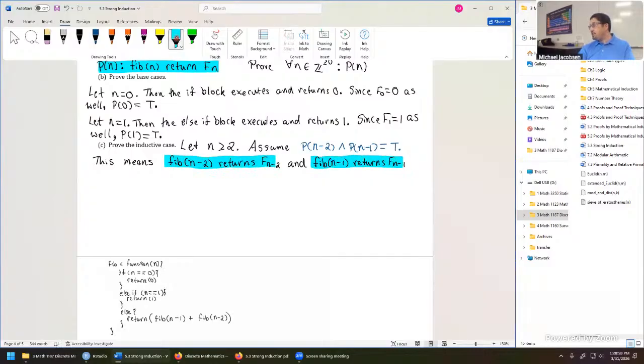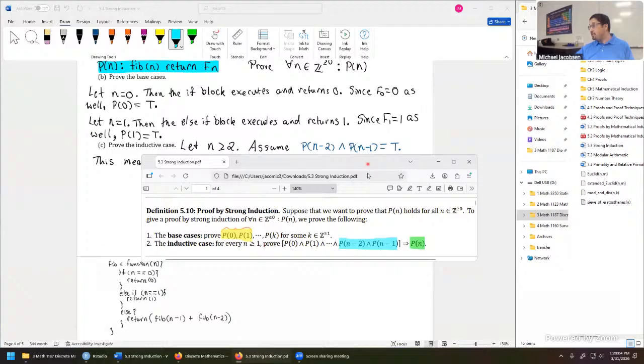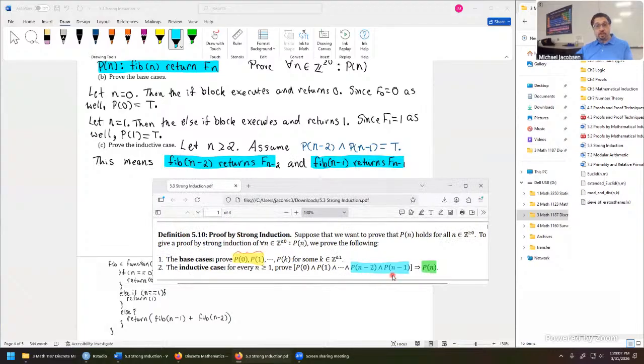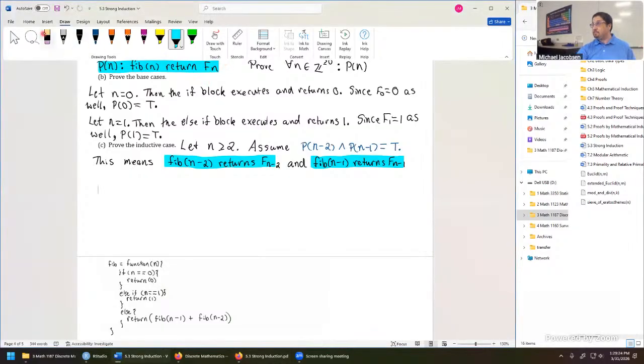So those are the two connections that come from the inductive hypothesis right here. We're trying to prove a true implication that assuming these two come out as true will then imply in our direct proof that P of n will be true. And what will P of n be? That the nth term, just leaving n as it is here, will return Fibonacci nth term of the sequence. So if we can get to that statement, our work is entirely done.